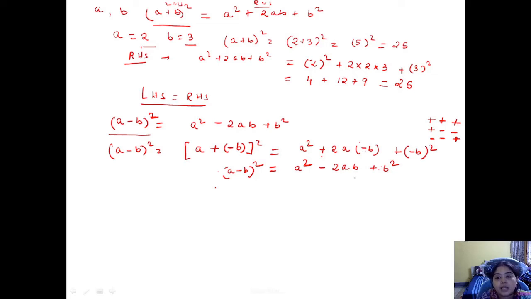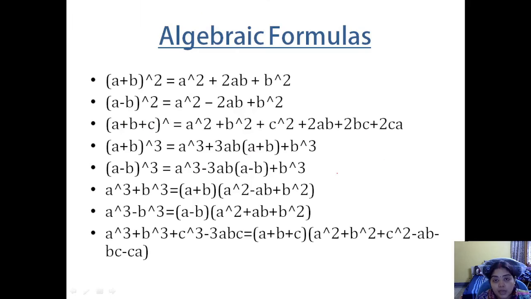Right? Okay. Now we have other formulas as well. In three variables also we have formulas. For example, a plus b, sorry, there has been a mistake, it will be (a plus b plus c) whole square. Now it will give you a square plus b square plus c square plus 2ab plus 2bc plus 2ca.